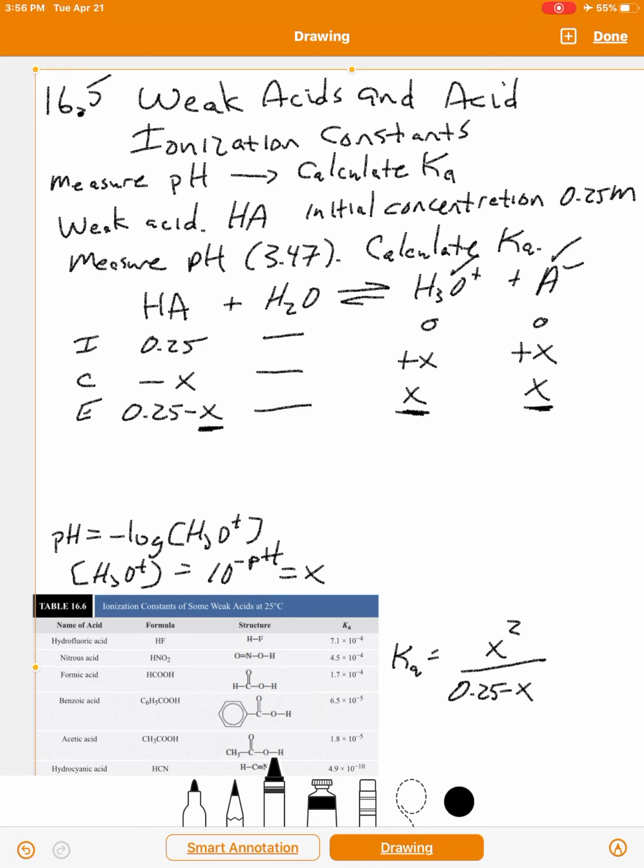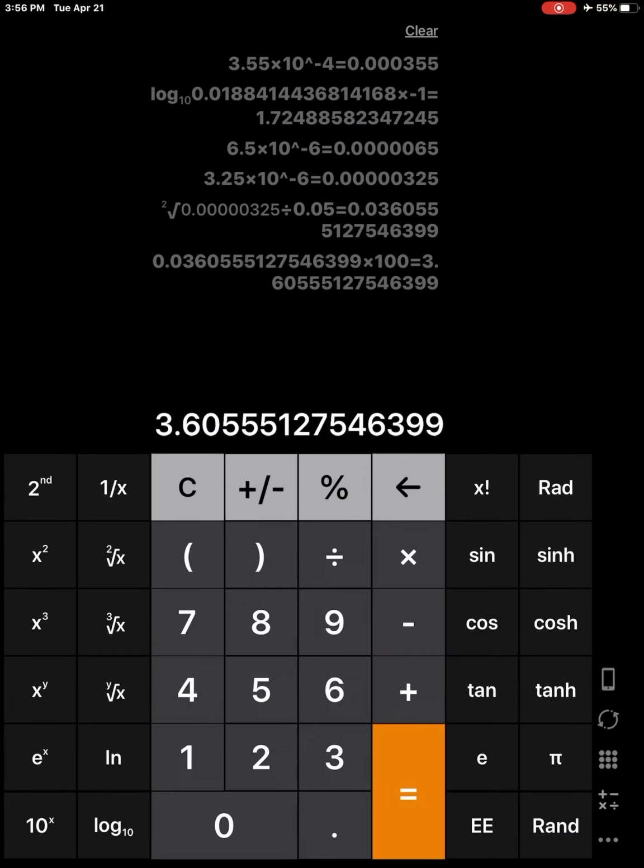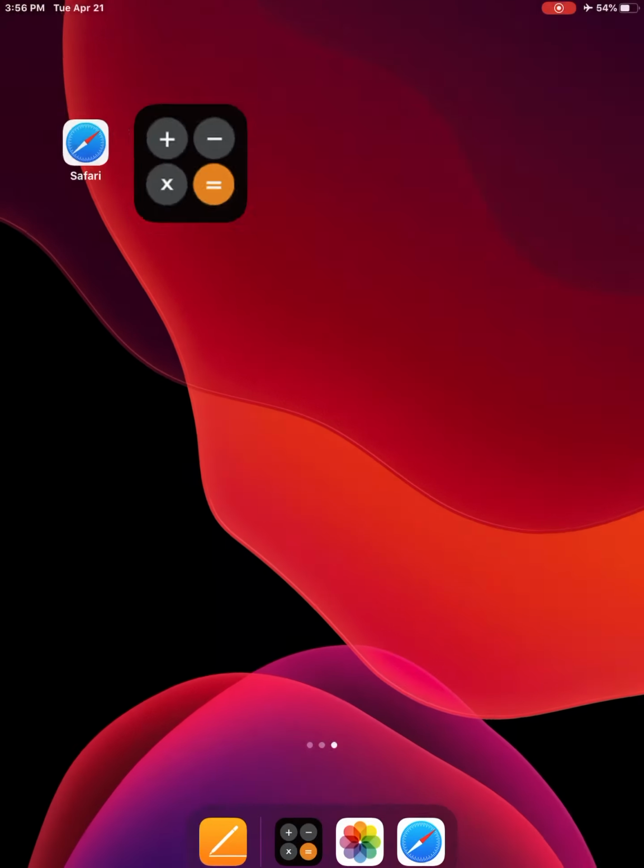So here it would be 10 to the negative 3.47. Okay, so let's use our calculator to find that. 10 to the negative 3.47, so we're going to do 10 to the X. That's 3.39 times 10 to the minus 4.